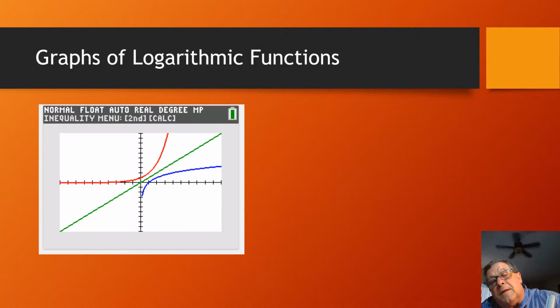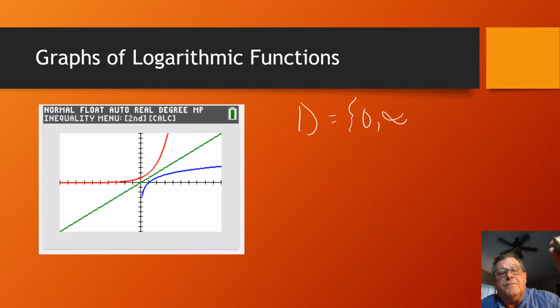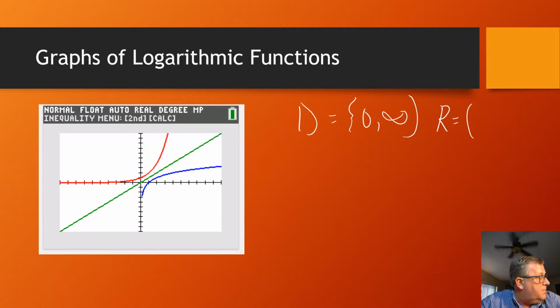So my domain then is equal to 0 out to infinity. So I see myself headed out to infinity. My range, what's my range going to equal? Well, y values are going from negative infinity out to infinity.